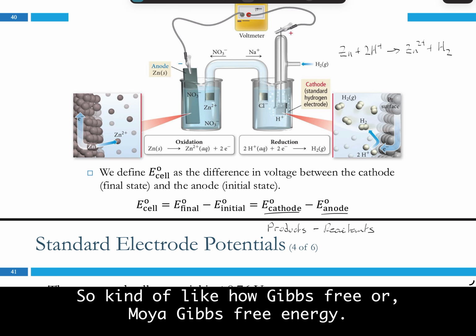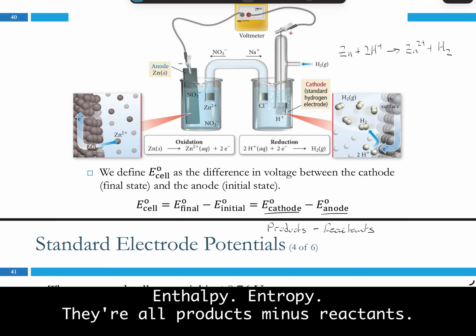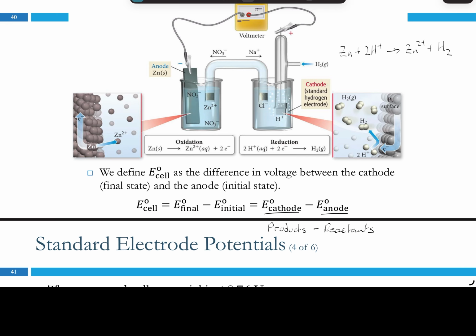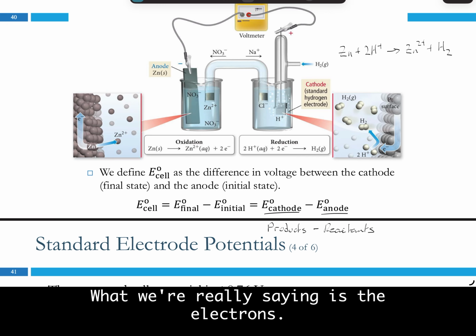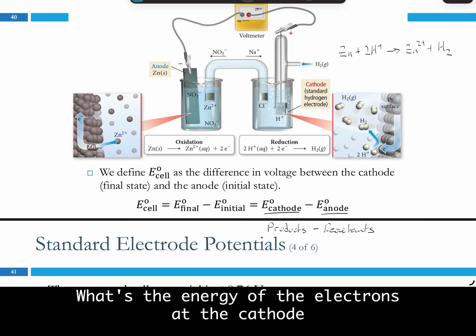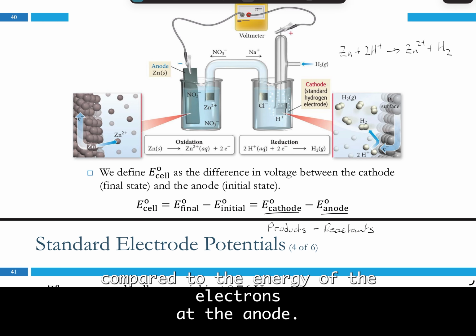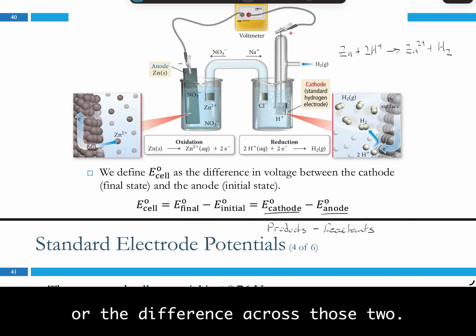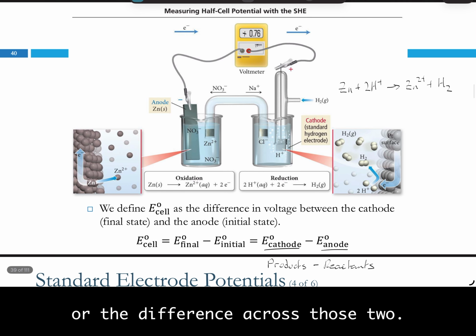So kind of like how Gibbs free energy, enthalpy, entropy, they're all products minus reactants. This is still kind of products minus reactants. Not quite, but it's a parallel. What we're really saying is, what's the energy of the electrons at the cathode compared to the energy of the electrons at the anode? And that gives us the potential, or the difference across those two.